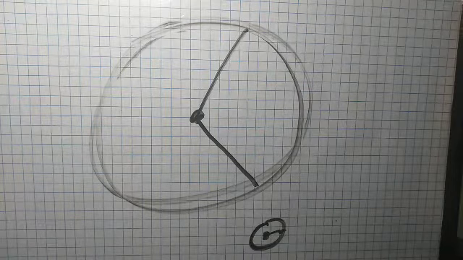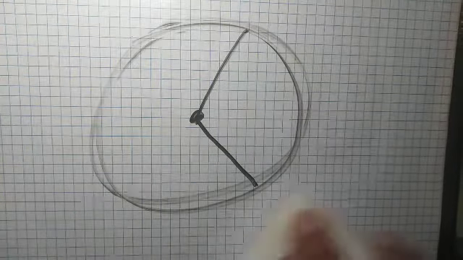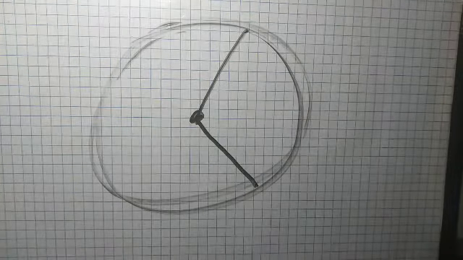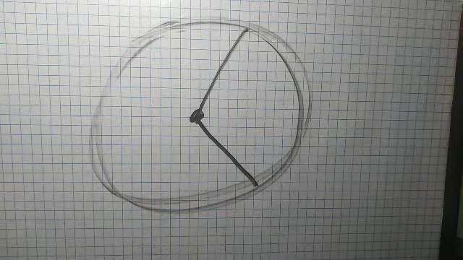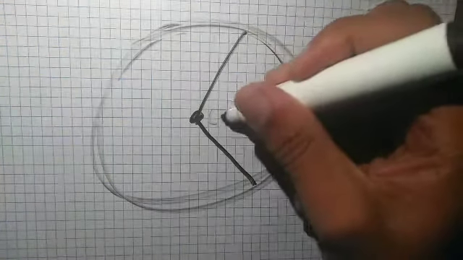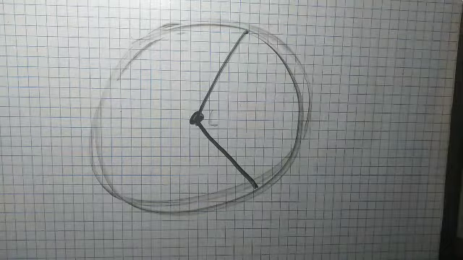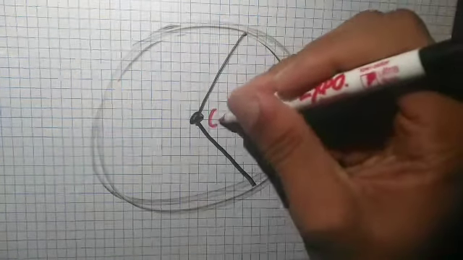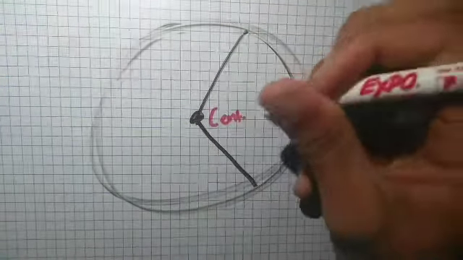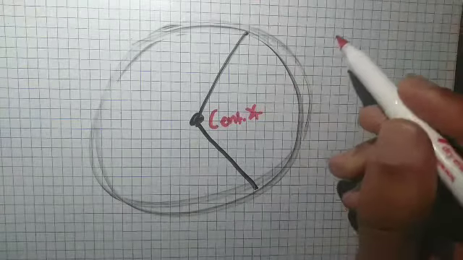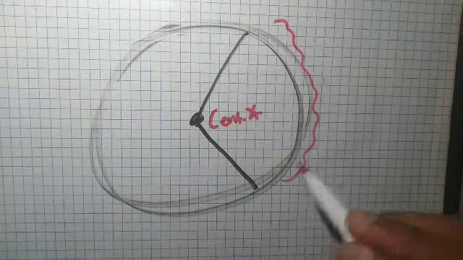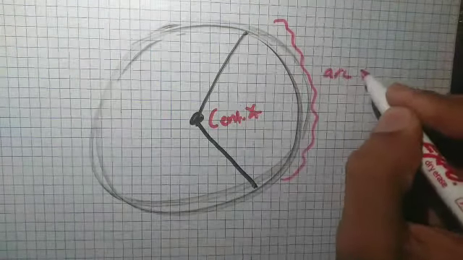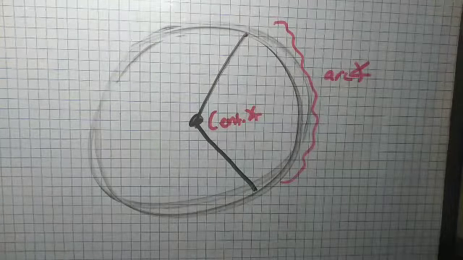Circles don't have edges, but we're just going to call it that for the sake of description. And we are going to call this our central angle. And over here, as before, we have our arc angle.